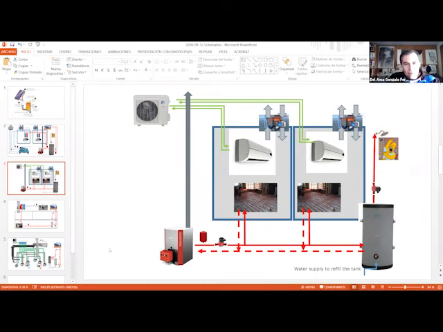Okay, so let's place names on this. So this is the indoor, this is the split indoor unit. We have 2 of them. This is the split outdoor unit.